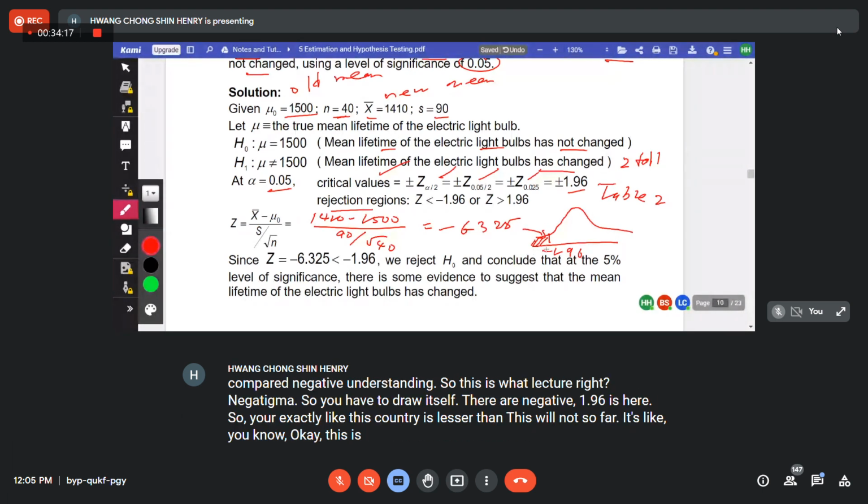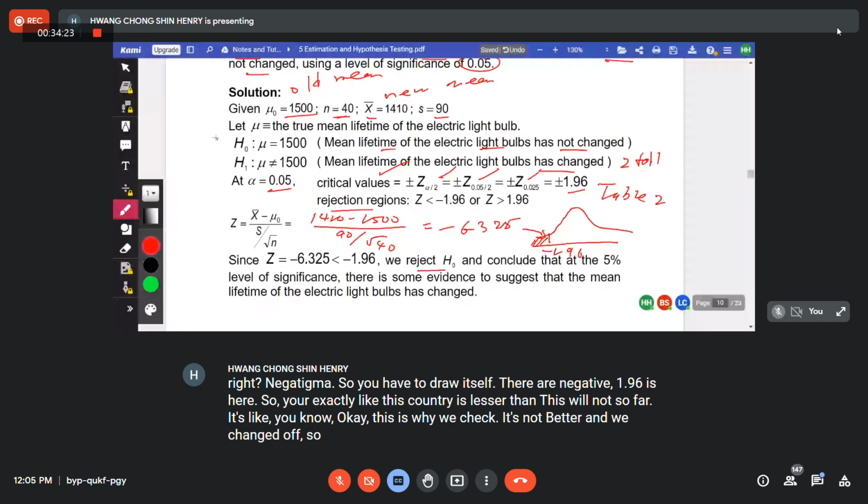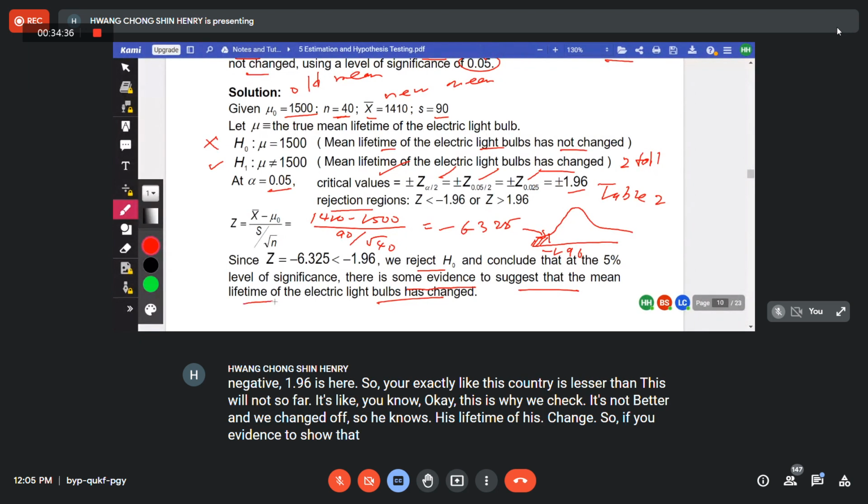Again, this is what? Reject H0. Right? Reject H0, so H0 is wrong. That means your H1 is correct. H1 correct means the lifetime of the bulb has changed. So you say that there is evidence to show that the mean lifetime of the bulb has changed.